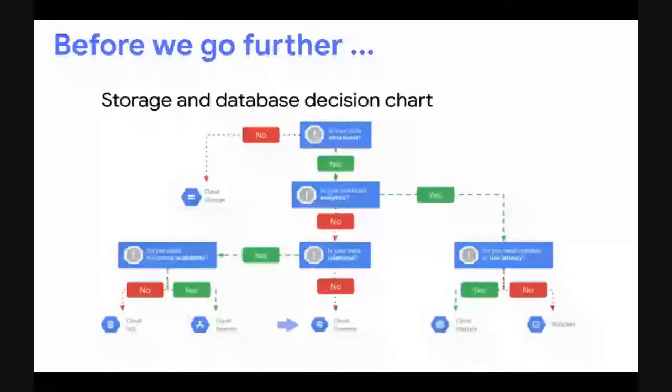Otherwise, check whether your data is relational. If it's not relational, choose Cloud Firestore. If it's relational, you will want to choose Cloud SQL, like we've seen already on the slide before.